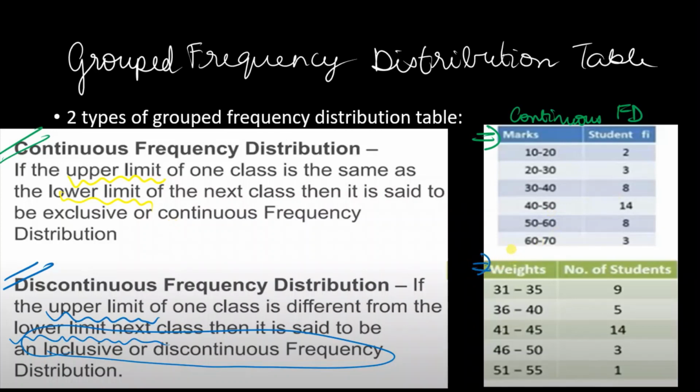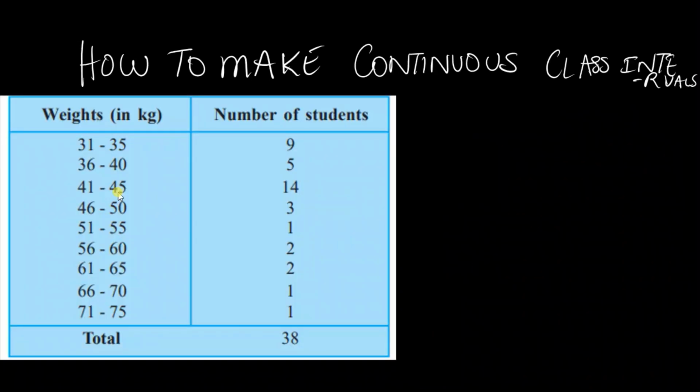In this table which you can see here, the upper limit is not the same as the lower limit, and you are seeing that it is different. When such cases arise, we say that this is a discontinuous frequency distribution. Now if we have such types of data, we need to convert it to a continuous frequency distribution.